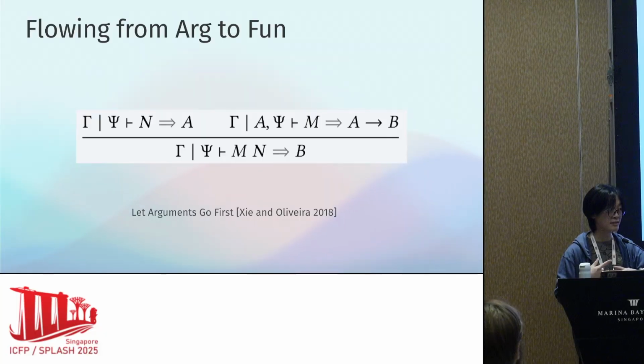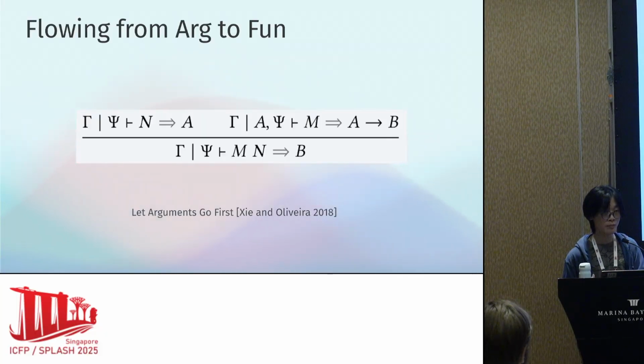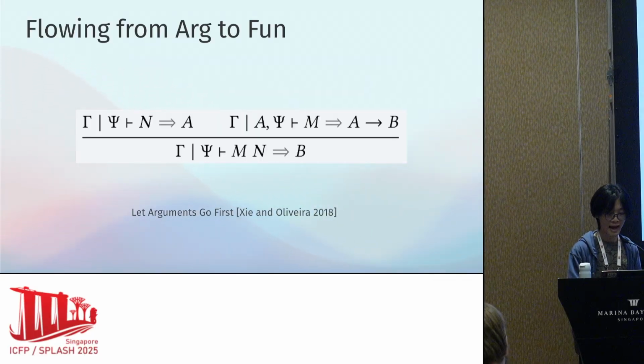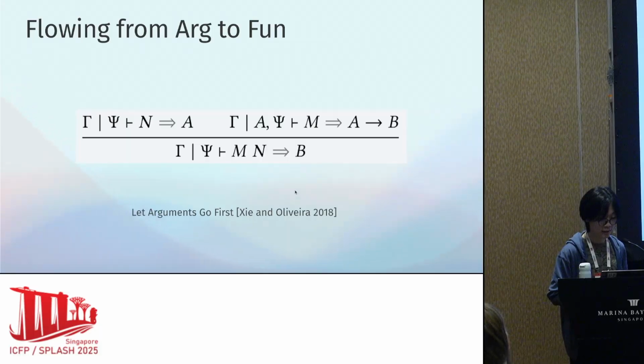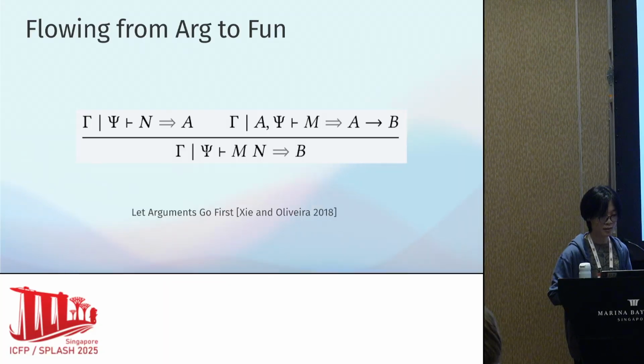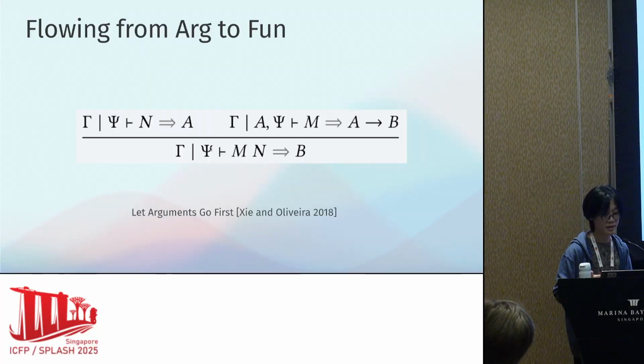And there's another direction of flowing from the argument to the function. So this is the typing rule in the paper that arguments go first. In this paper, in addition to a normal context gamma, we also have another context, which is a list of the argument types.